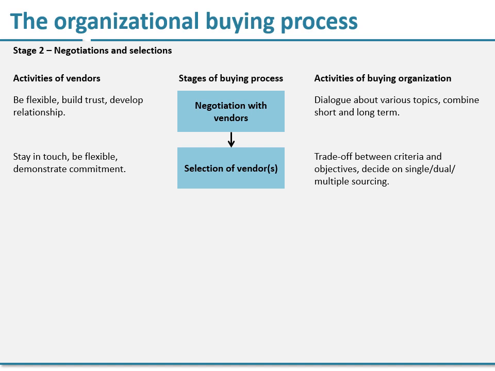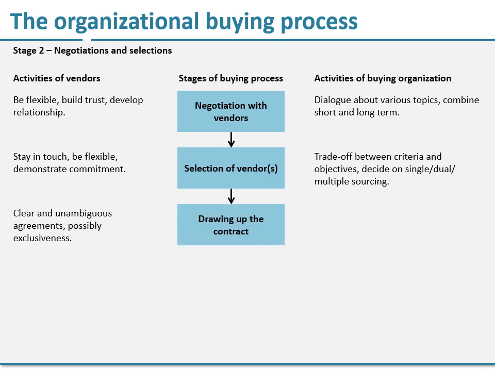The next activity of the vendor in this stage 2 is clear and unambiguous agreements, possibly exclusiveness. The stage here is to draw up the contract, and the activity is to formulate negotiated terms in the legal contract. Now, stage 3, which is order fulfillment and evaluation.